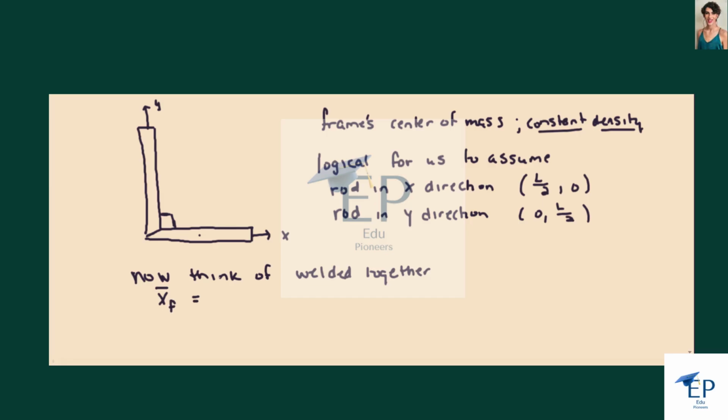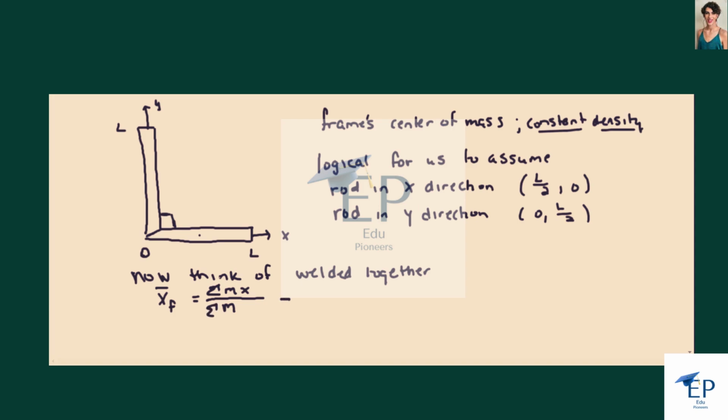If I look at this as 0, so this is at 0, and this is length L, and that's 0, and this is length L. We remember that the center of mass is equal to the sum of the masses times their distance away from the origin or pivot point, divided by the total mass, or the sum of the masses. That might be a better way to say it.